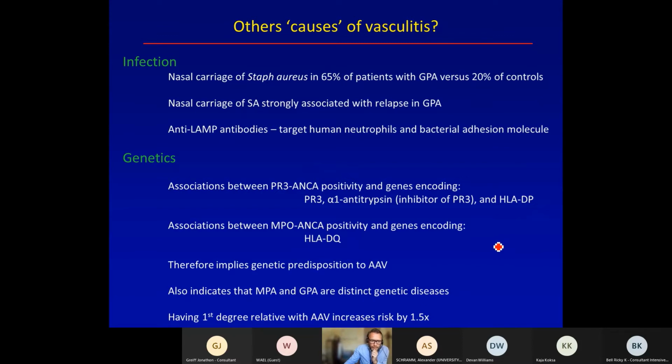There's a very weak familial risk with ANCA-associated vasculitis, so your risk increases by 1.5-fold if you have a first-degree relative with vasculitis, implying some kind of genetic predisposition.